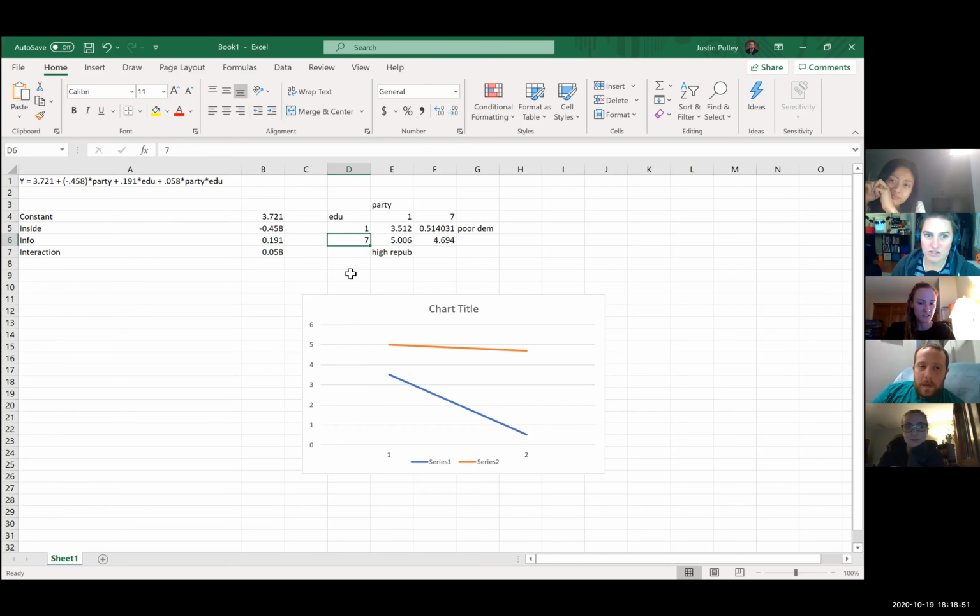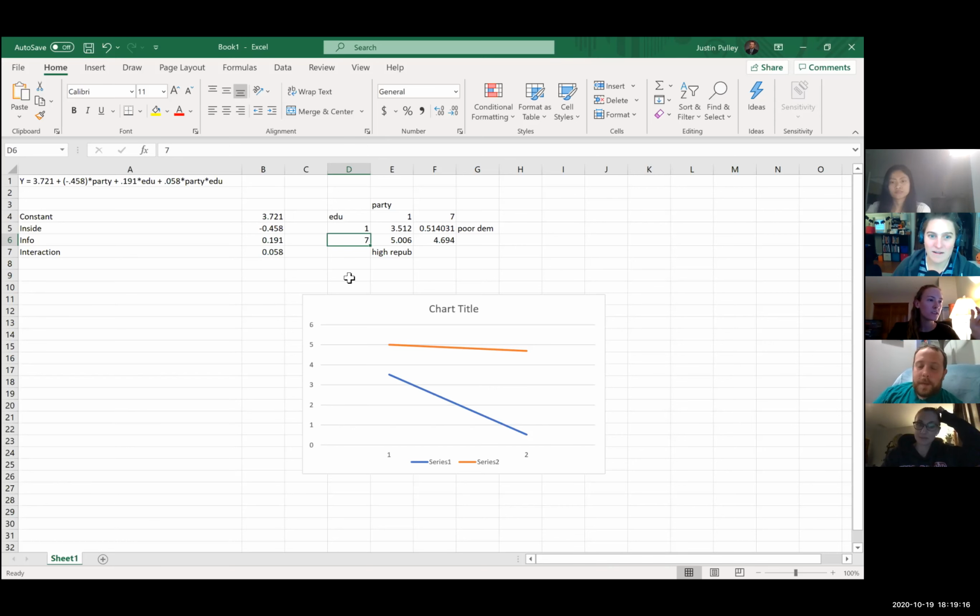What other number would change? If you center education at 7, these say inside and info, so that's not very useful. But looking at the coefficients, the party line slope would change. Yeah, because opposite last time. In the other example, inside and info changed.